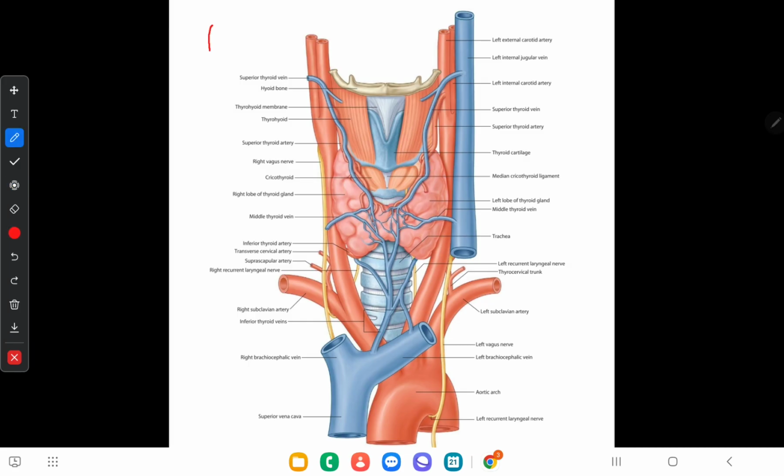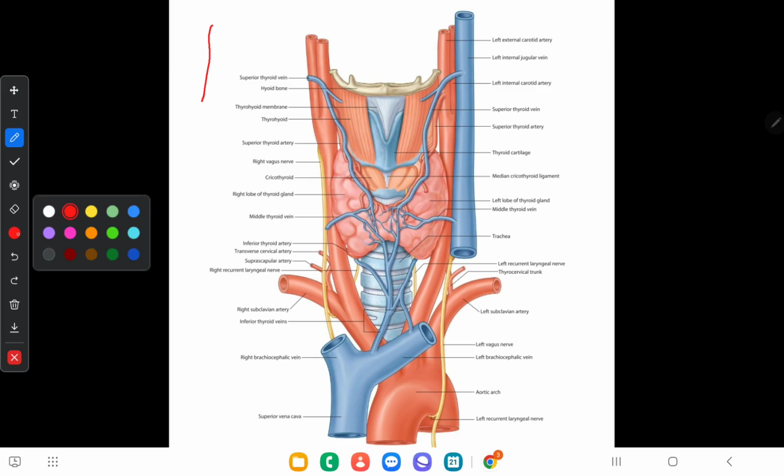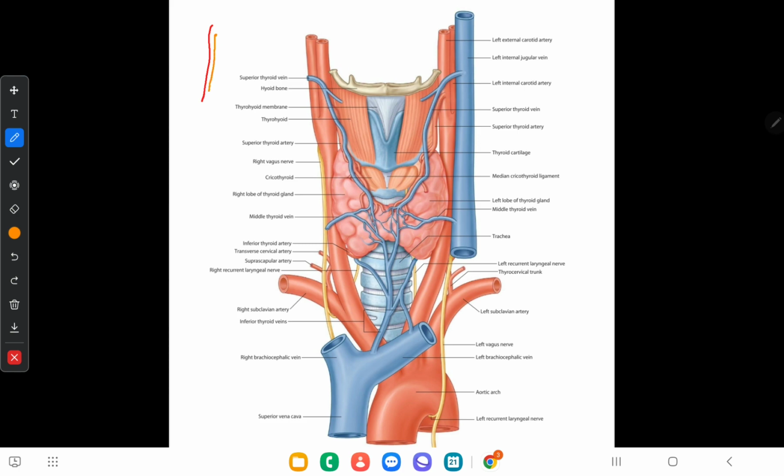That means, imagine this is the superior thyroid artery. Then you have the external laryngeal nerve coming along with the superior thyroid artery to the upper margin, the upper pole of the thyroid gland.